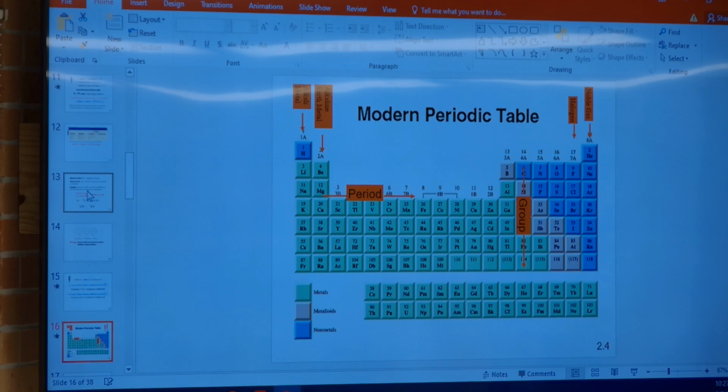Okay. So as we move from left to right along the same period, the properties go from very active metal to less active metal, even less active metal, then maybe become metalloid. Metalloid means between metal and non-metal. Then becomes non-metal. Then if we move toward the right, it becomes more and more active non-metal. Active non-metal means it tends to gain electrons. Active metal means it tends to lose electrons.